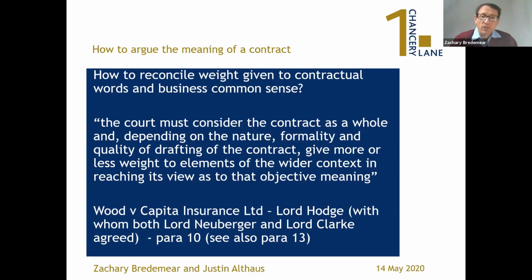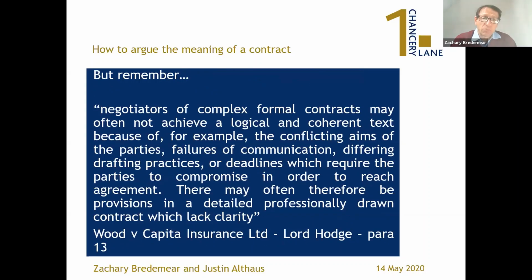So the point that Lord Hodge was making is that when one is looking to consider the weight to be given to business common sense and factual matrix, one can look at the quality and the nature of the drafting itself. But even that's subject to provisos, which Lord Hodge reminds us of, the difficulties that one has with even the most complicated and sophisticated document.